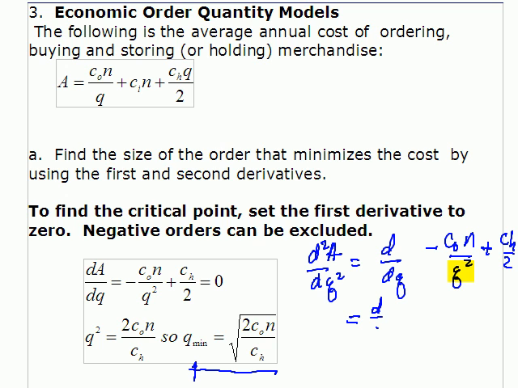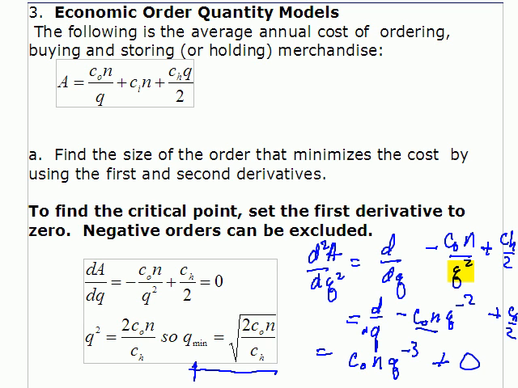So I'd rather write it like this: negative C naught N Q to the minus 2 plus CH over 2. When I'm taking the derivative of this, the minus 2 comes in front and multiplies the minus 1, so it's positive. C naught and N stay because those are constants. Then I subtract 1 using the power rule. The derivative of the last term is 0 because it's all constant, and there's my answer.